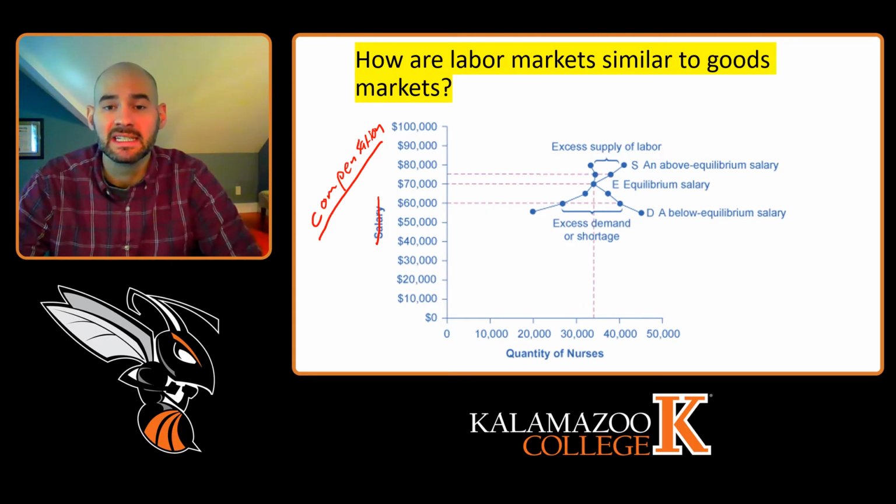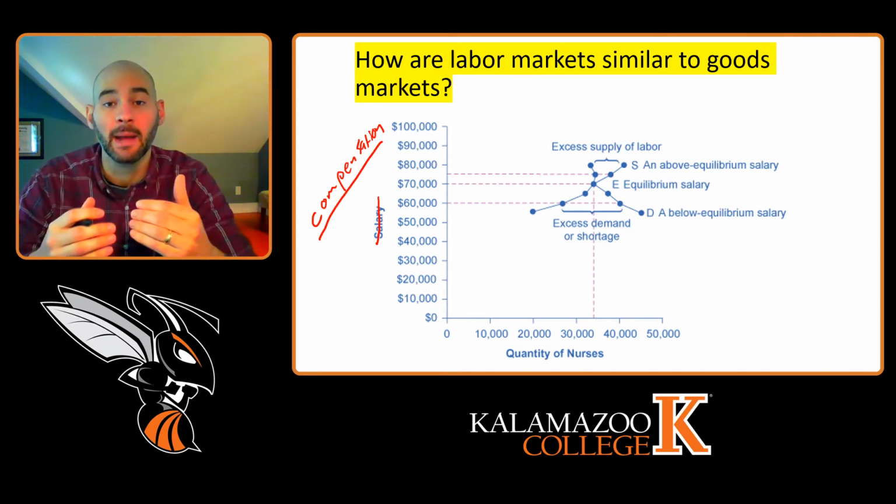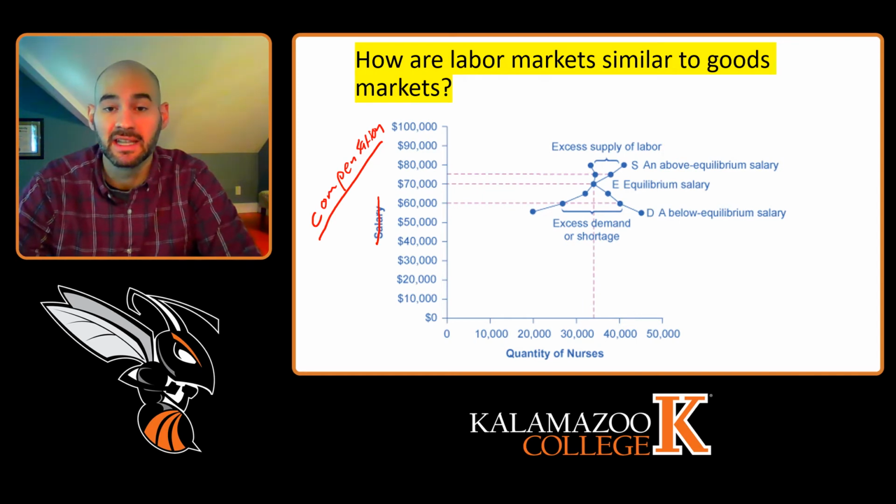Now, what we'll notice in this graph is that there are these same equilibrating mechanisms that will push wages or compensation down or up depending on shortages or surpluses.